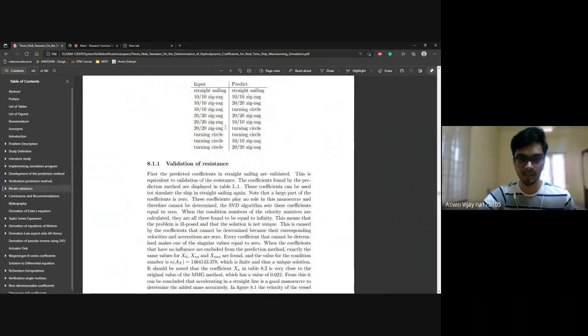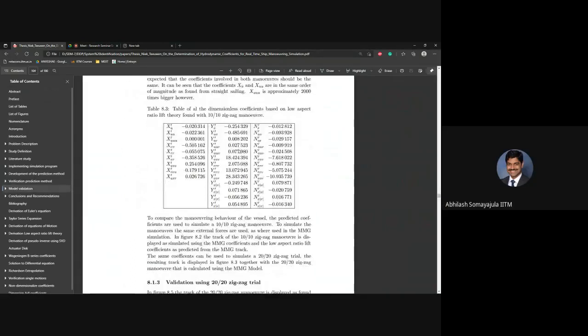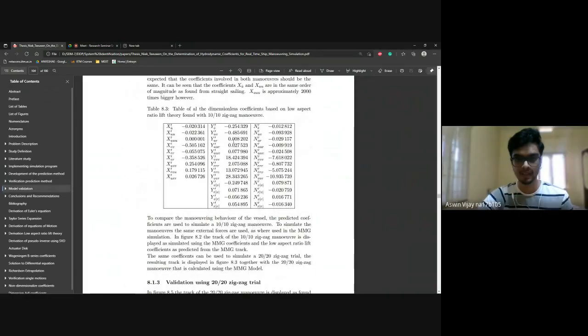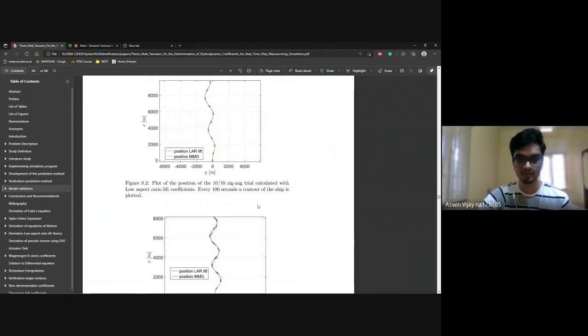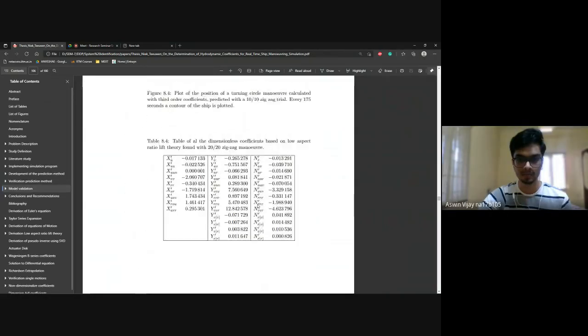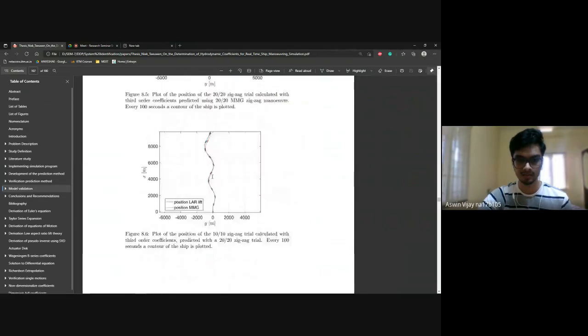He has already done everything for that other ship. This is for which ship? KVLCC. He has the UVR, YVR, and also the zigzag maneuvers. He did it for different aspect ratios.